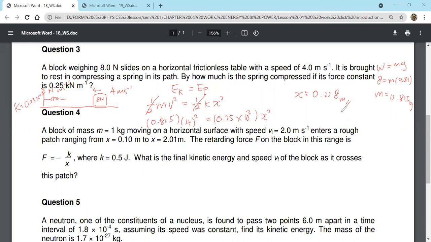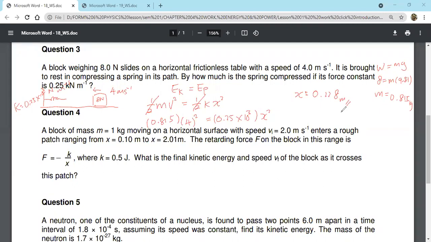Question number 4. A block of mass 1 kg moving on a horizontal surface with an initial speed of 2 m/s enters a rough path. Rough path means there is friction ranging from x equal to 0.1 to 2.01 meters.